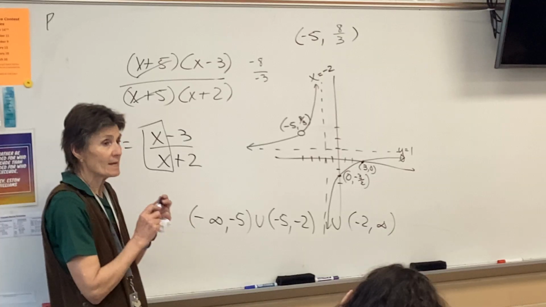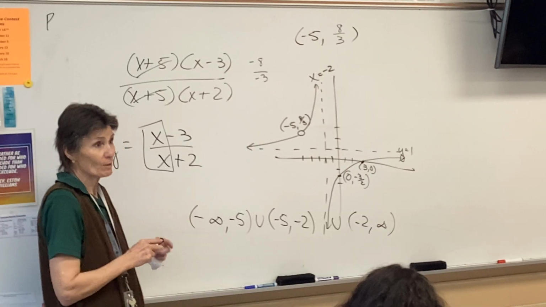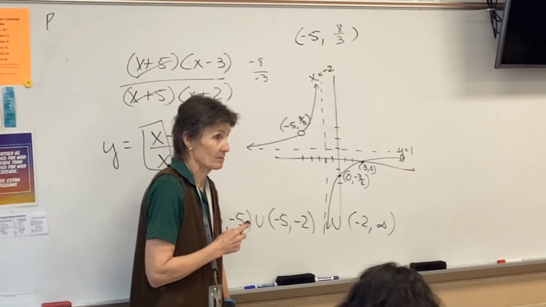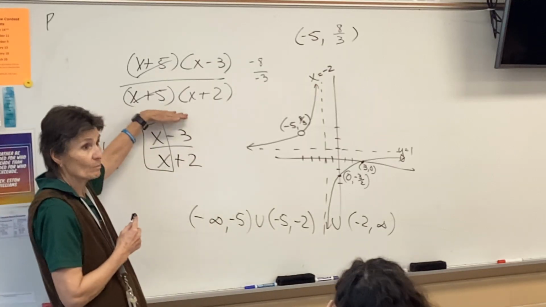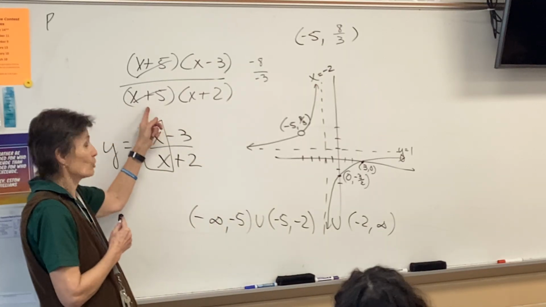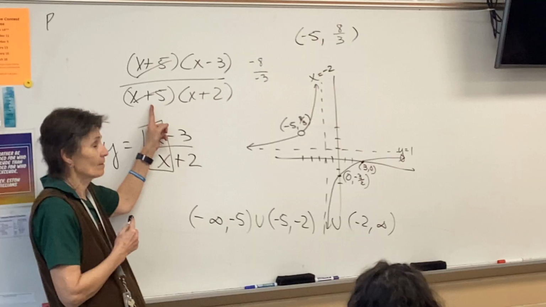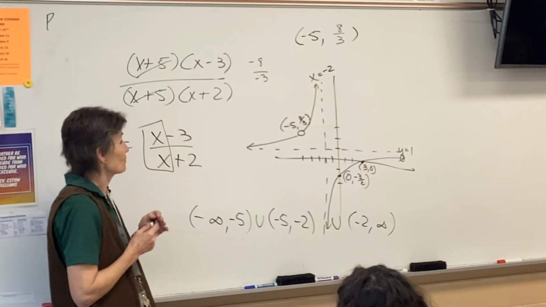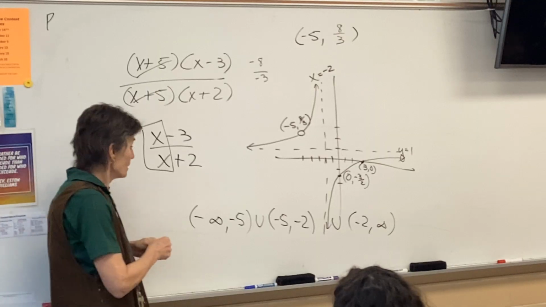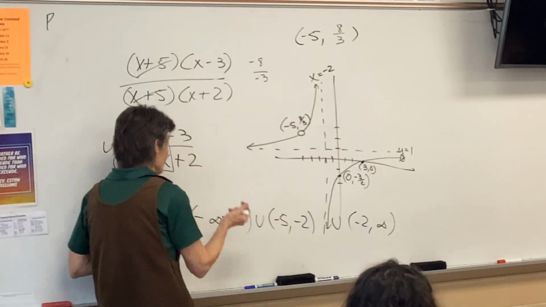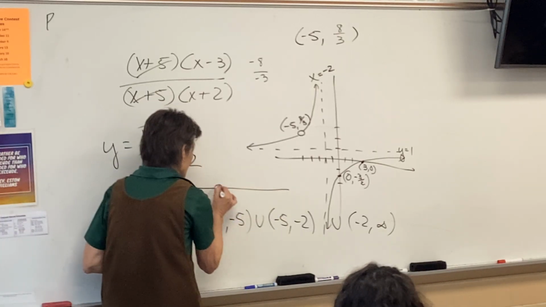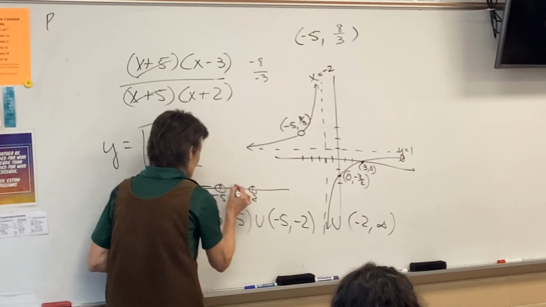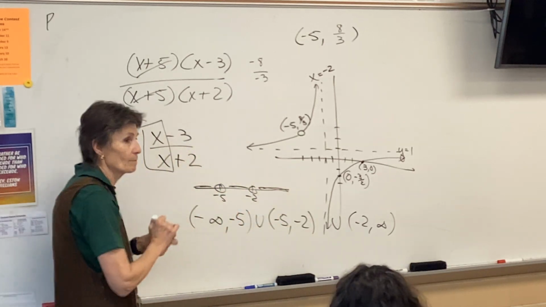Remember, your domain includes everything except what it can't. In the original problem, x could not be -5, x cannot be -2. So we have everything except those numbers on the number line. Everything except those numbers.